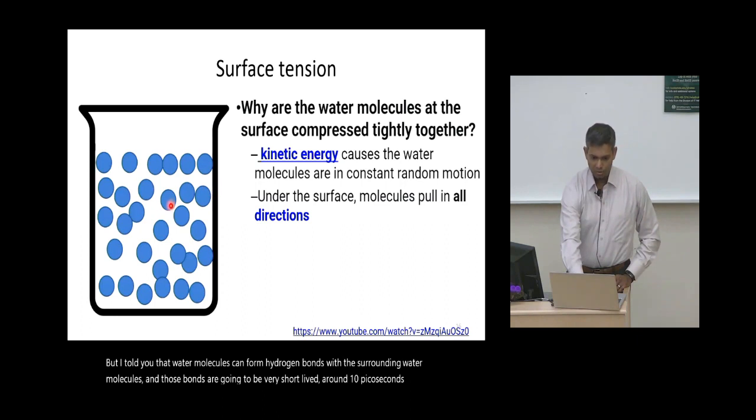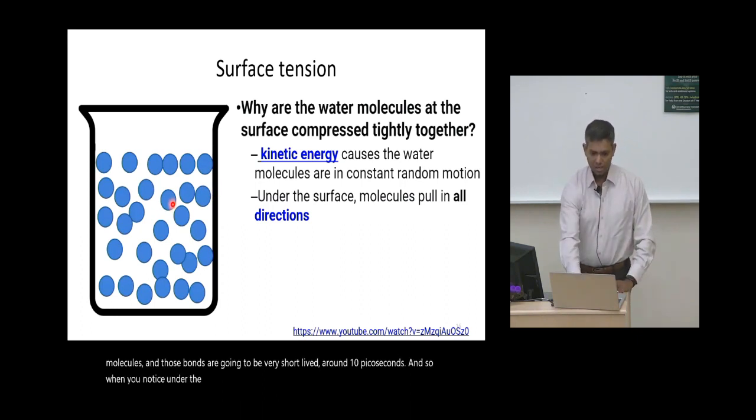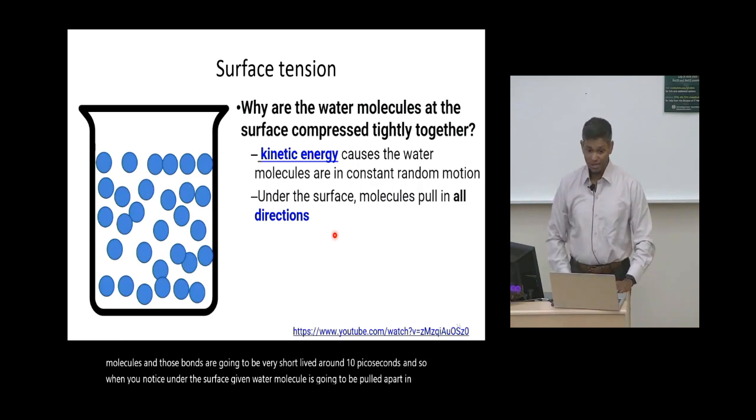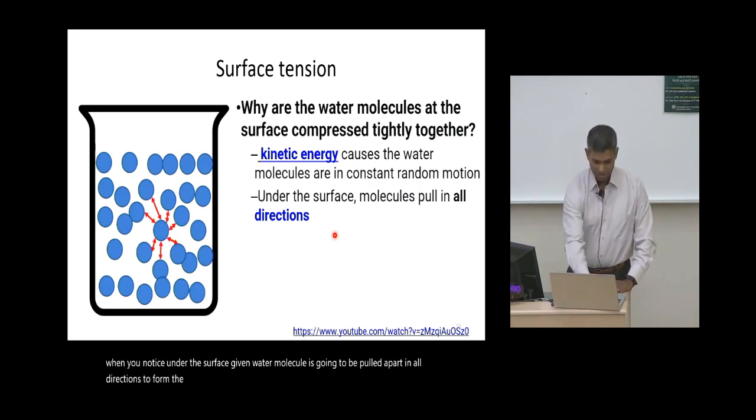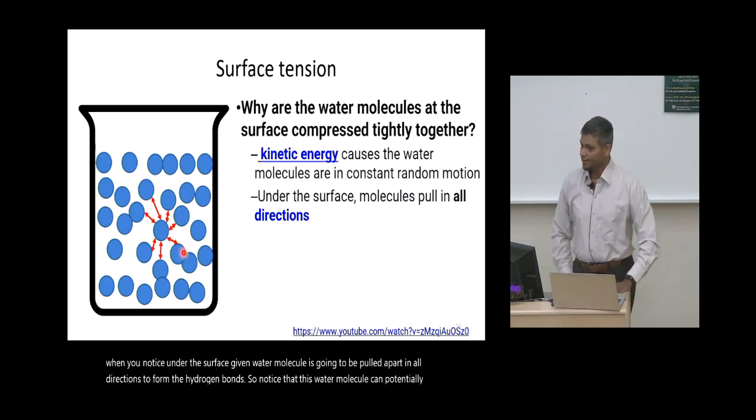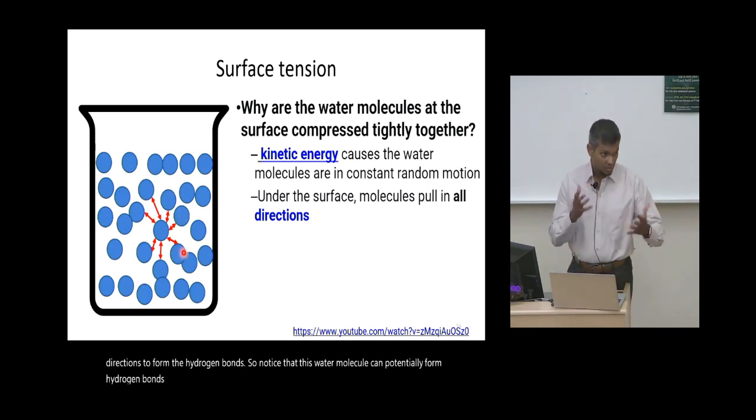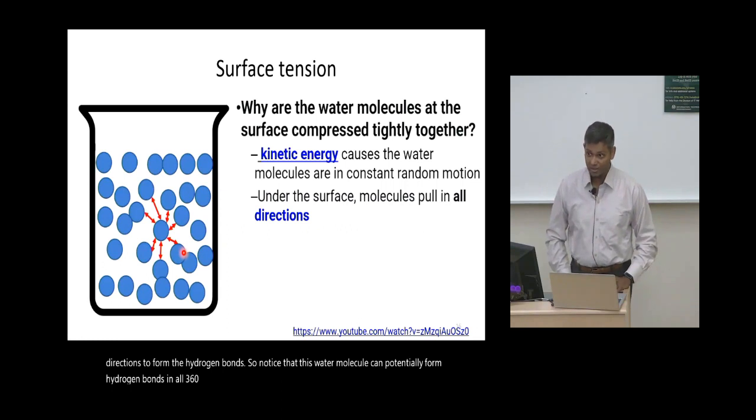So under the surface, a given water molecule is going to be pulled in all directions to form the hydrogen bonds. Notice that this water molecule can potentially form hydrogen bonds in all 360 degrees with the surrounding water molecules.